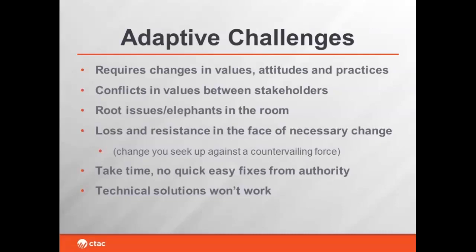When we talk about adaptive challenges, we're talking about root issues, like what is the elephant in the room? What are some of those things that maybe aren't being spoken, but you know that these are tensions in the organization? There are no quick fixes, there's no easy answer, and you can't apply a technical solution.